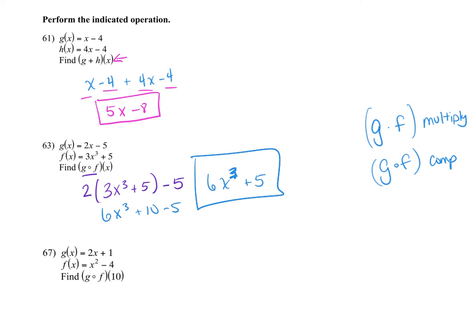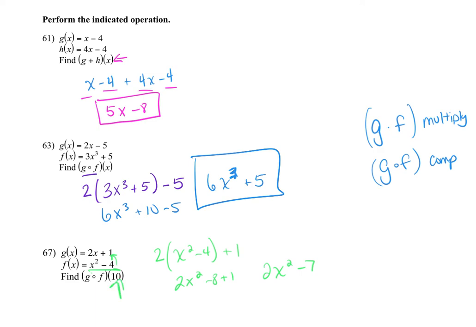The bottom of this page puts numbers there, which means do whatever it tells you and put a number in. So for this one, g of f, put f into g. We're going to write g instead of x, I'm going to write my f. Distribute: 2x squared minus 8 plus 1, 2x squared minus 7, but they want me to plug in a 10.